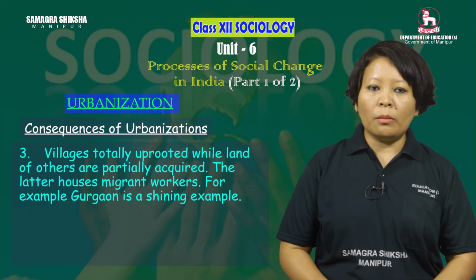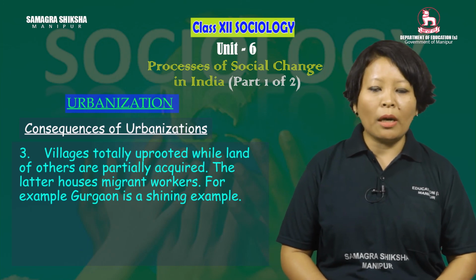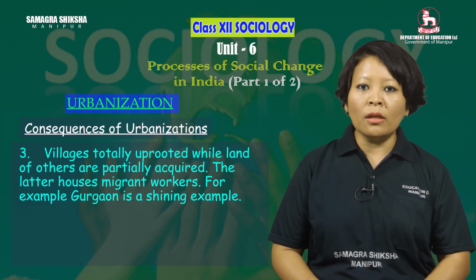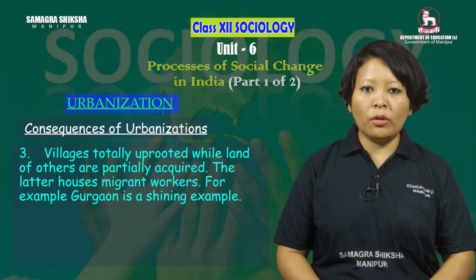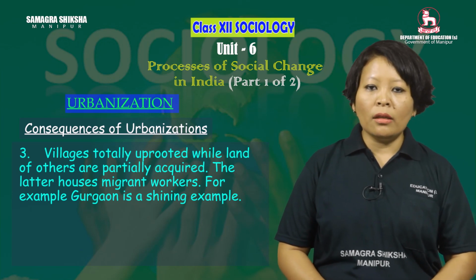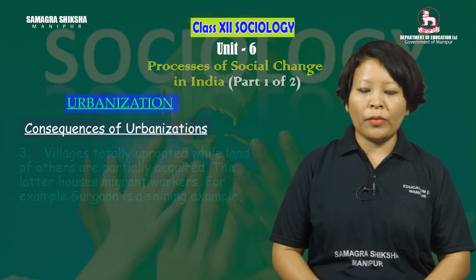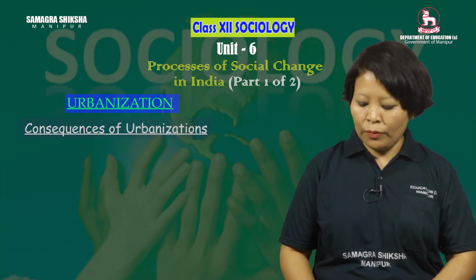So foreign companies and big Indian companies bought land and built big offices, and many farmers became crorepatis and some even bought more land. So these are the effects of urbanization as described by MSA Rao.